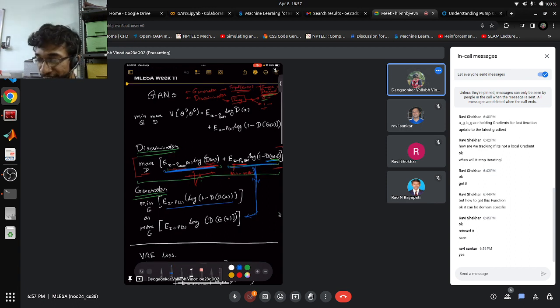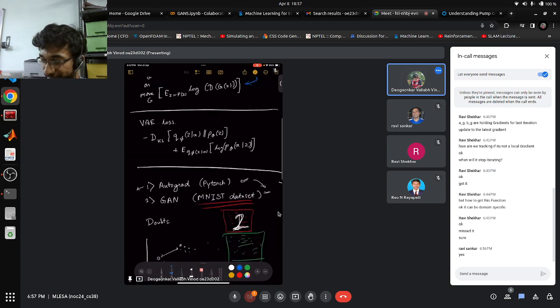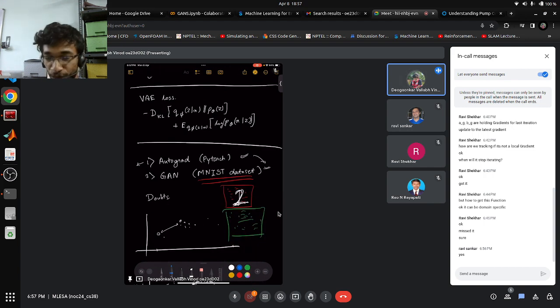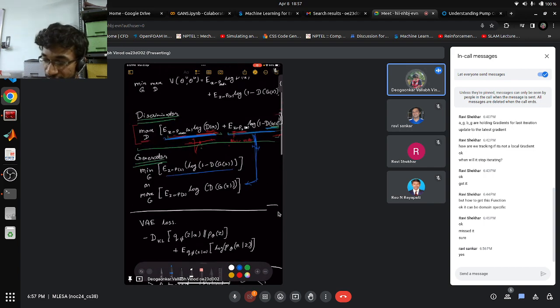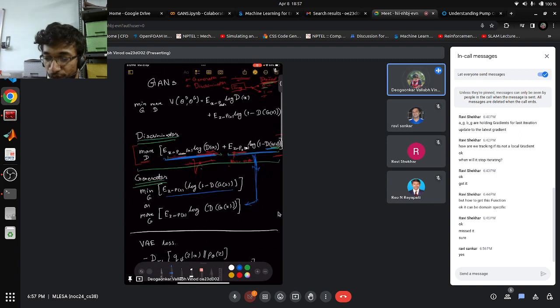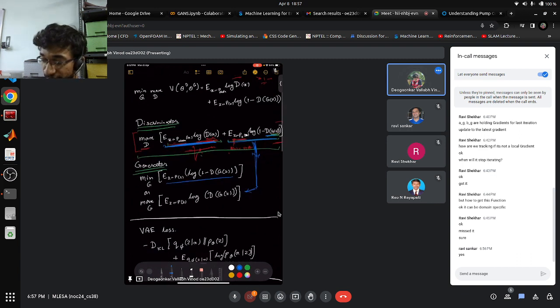If the generator outputs an image which is very close to what a real number image would look like, the discriminator will not classify it as 0, instead it will classify it as 1. If that ends up happening, this will be 1, and 1 minus 1 is 0, and log of that will be minus infinity, right? So the goal of the generator is to go towards minus infinity, and basically to minimize this thing.